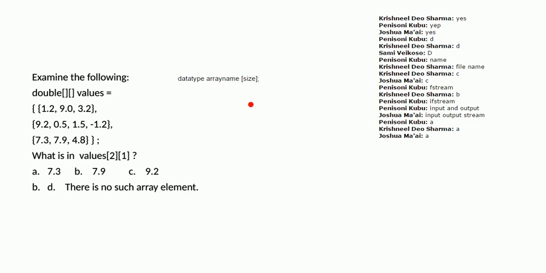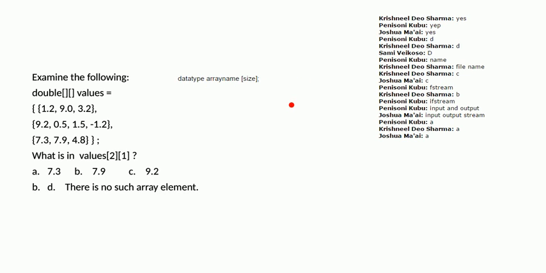Or you can give the data type, the array name, and just an empty bracket, but then you initialize the members. The number of members you initialize will automatically become the size of the array, right?